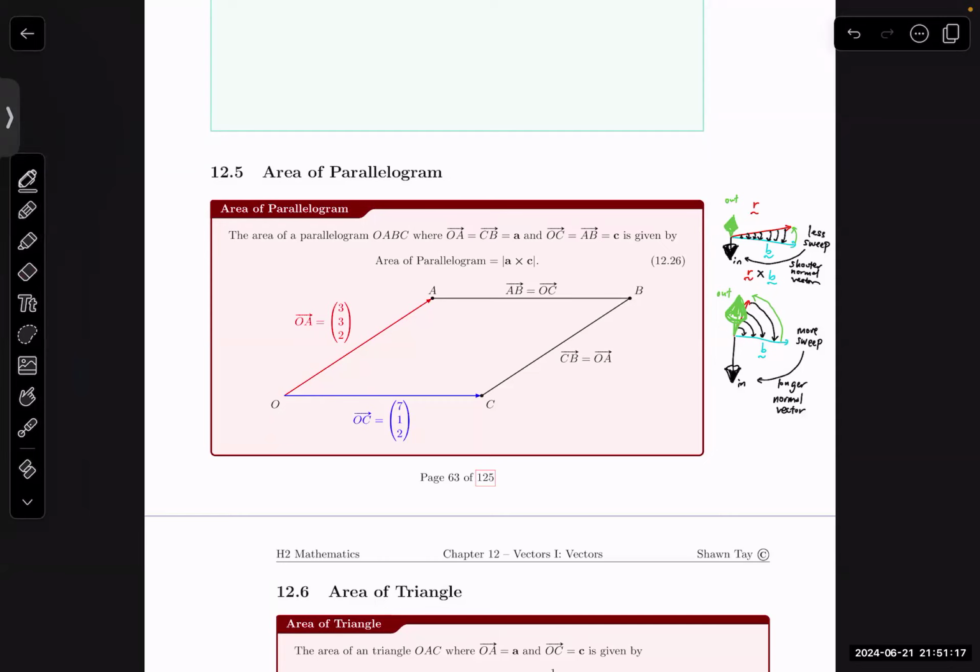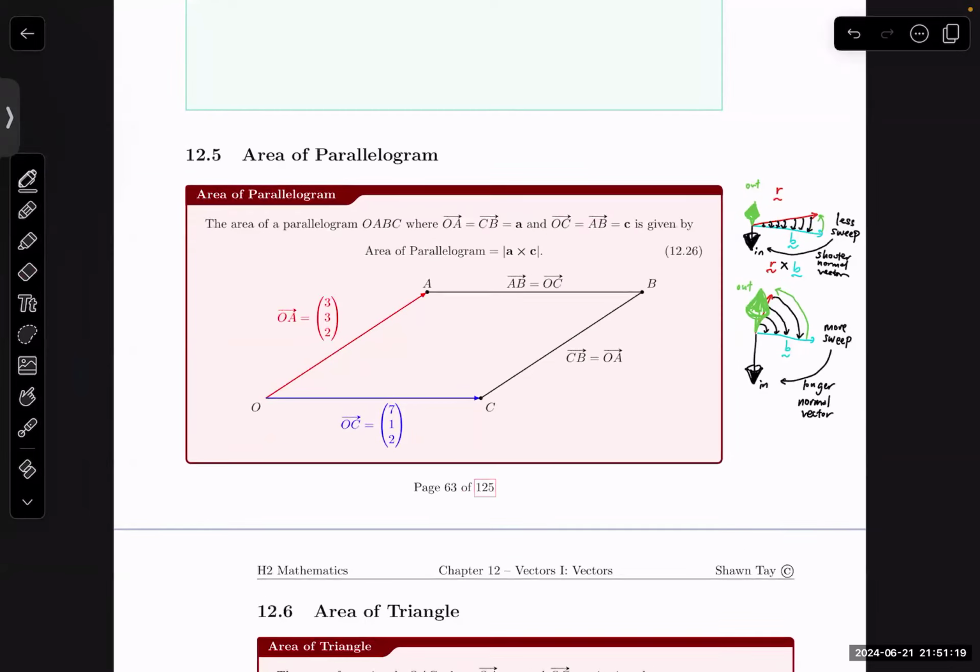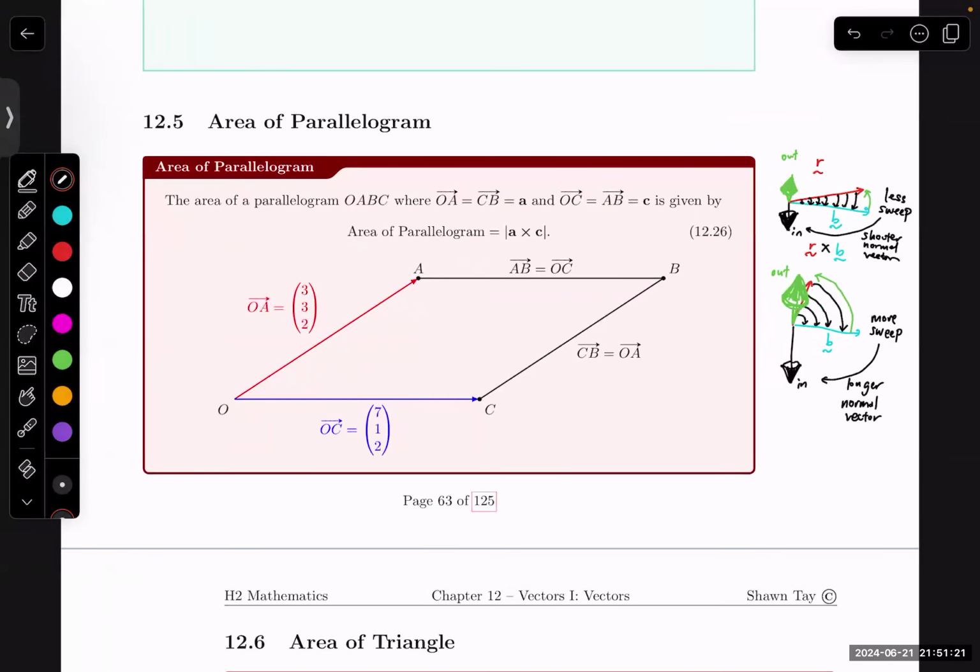Try to imagine the animation. Unfortunately, I don't know how to do animations like this, but when you sweep across, so let's say from A to B, let's slowly sweep. If I sweep a little bit from red to here, so if I sweep this little part, what I'll create is this very skinny parallelogram.